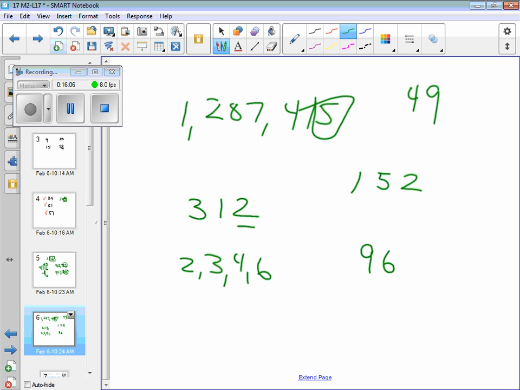And the last one, the rule for 9. What if it's a decimal? Would you take the last place value? Yeah. If you do decimals, the rules will still work.